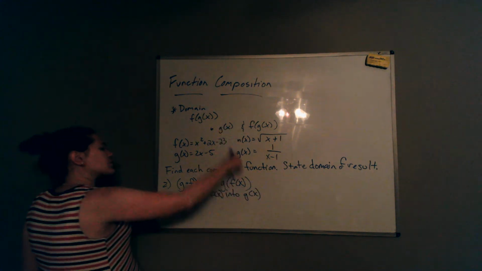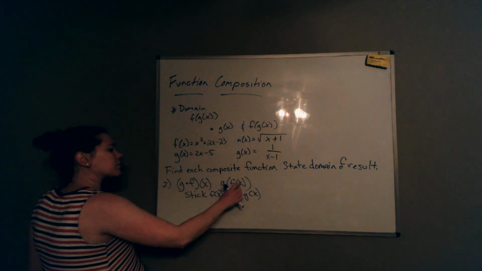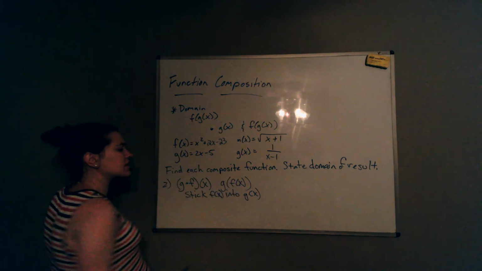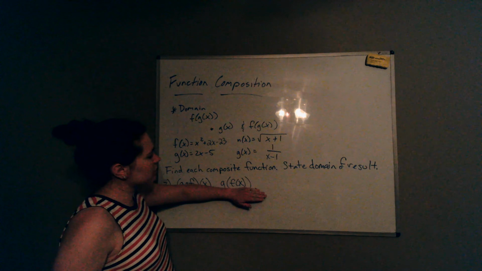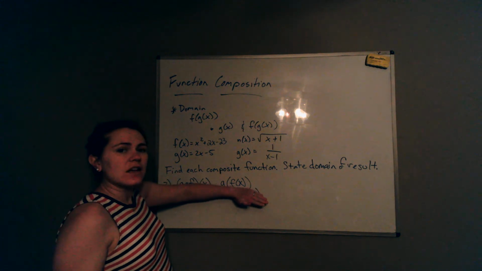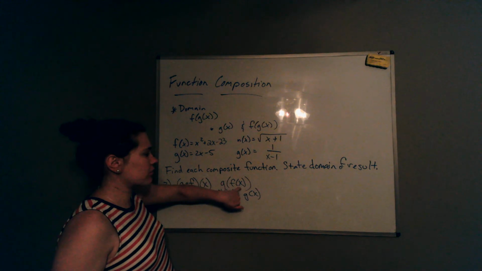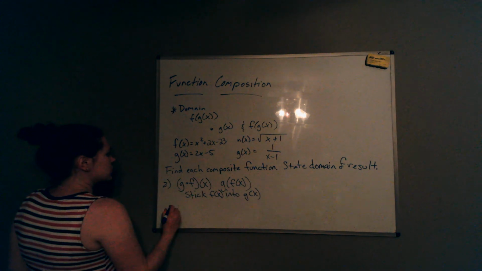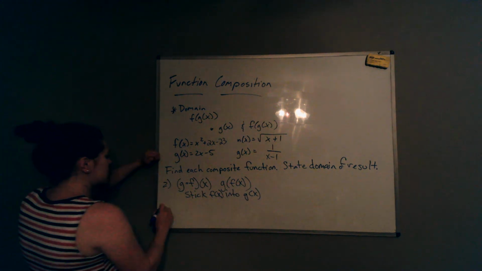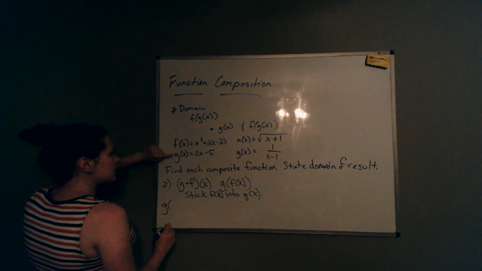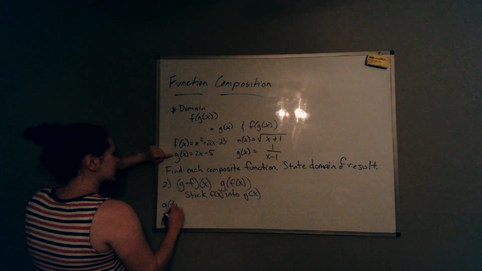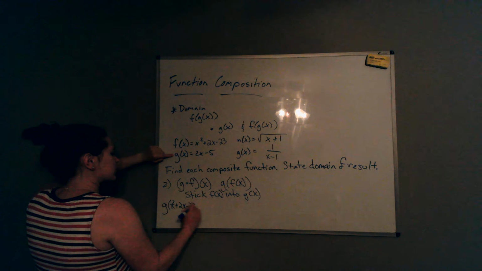If you were to put in a number here for x, if I said evaluate this composite function when x is 1, the input value of 1 would first filter through f, okay? So everywhere in g that there is an input, we need to plug in x squared plus 2x minus 23.